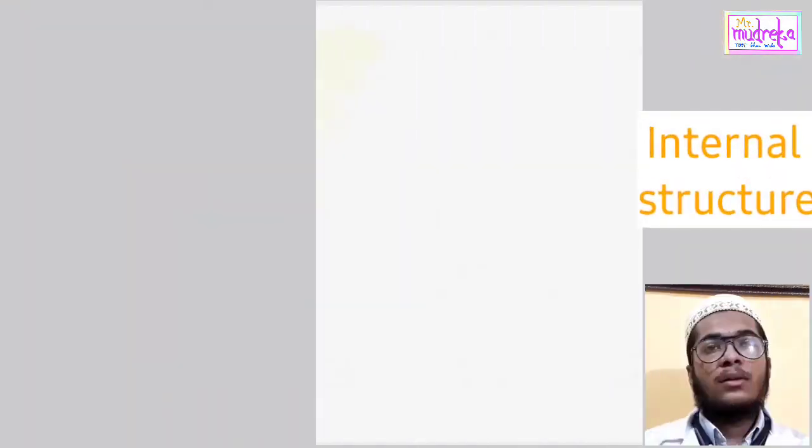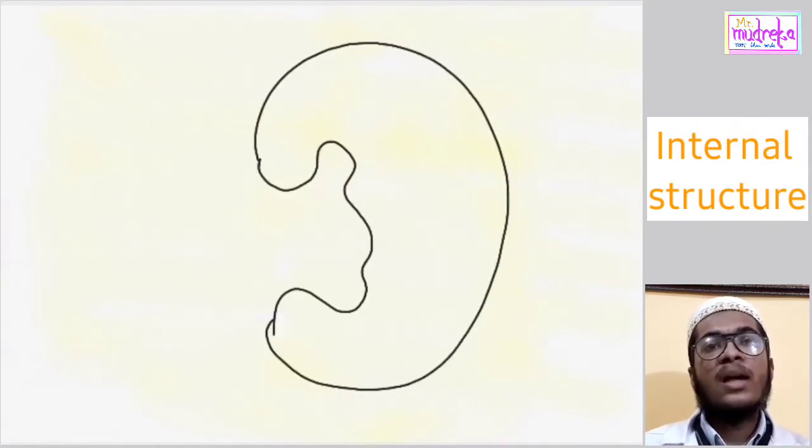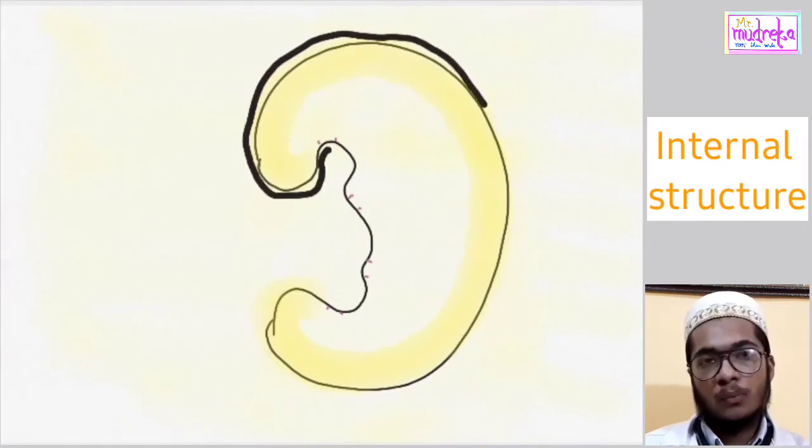As we have seen the external features of the kidney, let's see the internal structure of the kidney. If we split the kidney longitudinally, we can see two regions, the kidney proper and the renal sinus. Talking about the kidney proper, naked eye examination presents an outer cortex and an inner medulla. The cortex is located just below the renal capsule and extends between the renal pyramids as renal columns, which are also known as columns of Bertin.